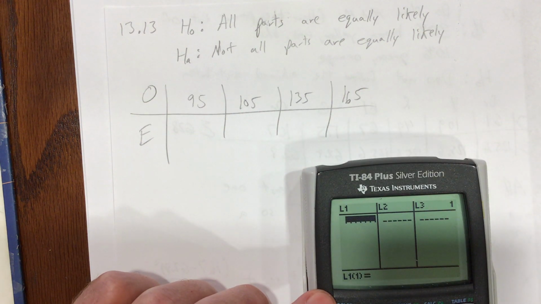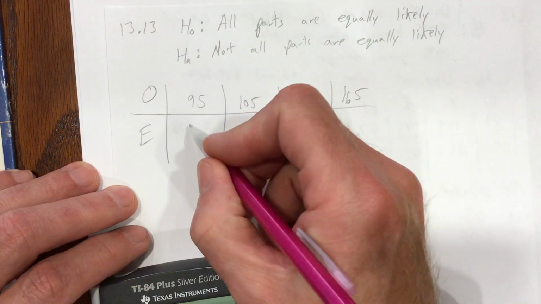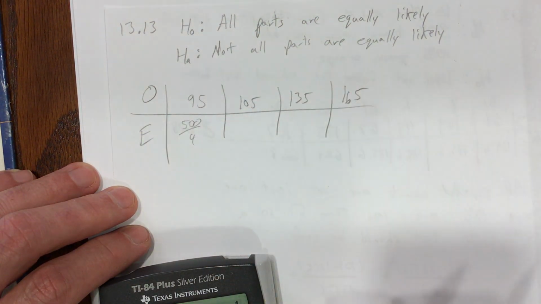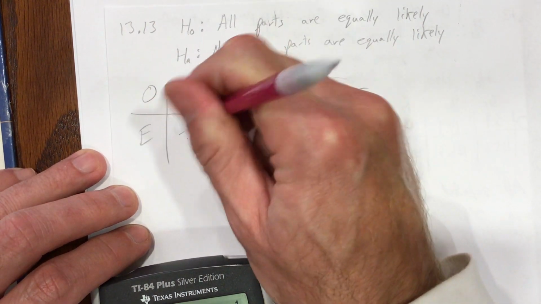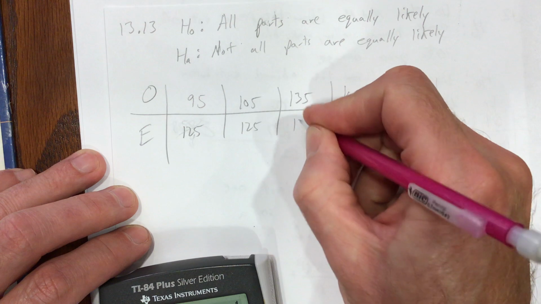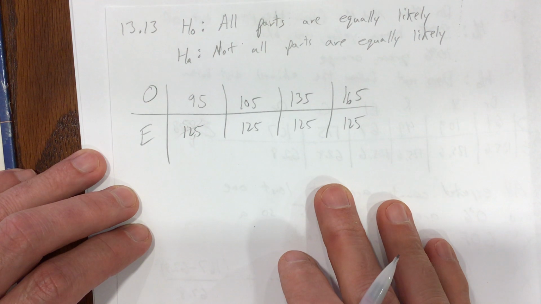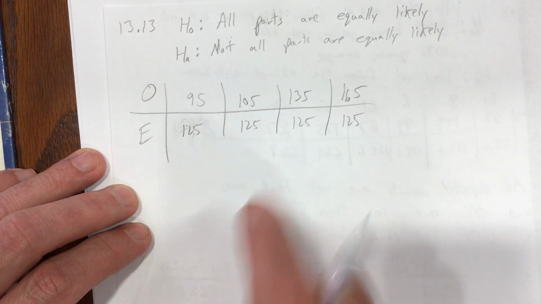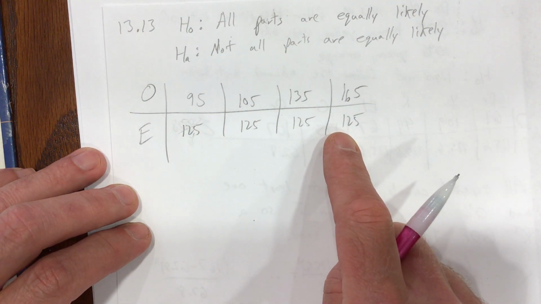Again, we're going to just enter these in the calculator. Oh, they did tell me that it equals 500, so this would be 500 over 4, right? Or 125. Okay, so our check: all expected counts are at least 1 and 0% are less than 5. Notice if one of these had been less than 5, we would fail, right?